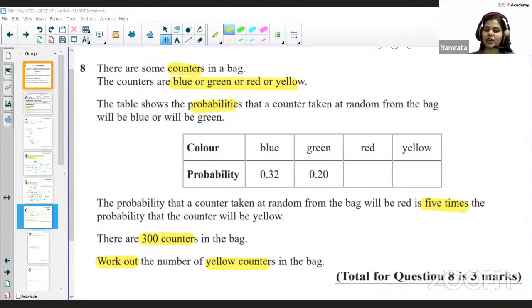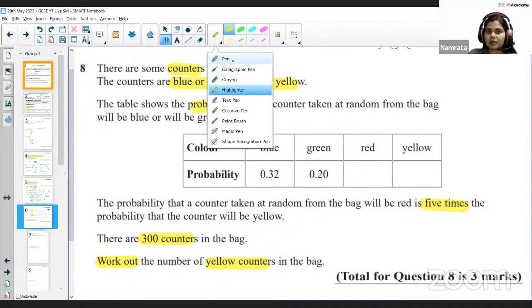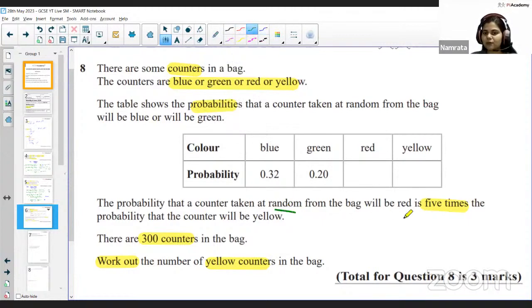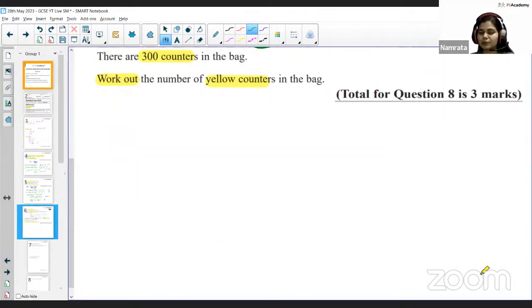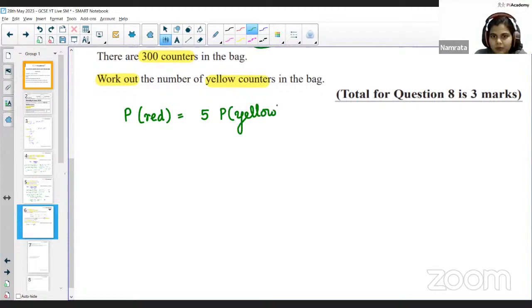Great. So as per the information that has been given to us, the probability that a counter taken at random from the bag will be red is 5 times the probability that the counter will be yellow. So let's form the equation from whatever info has been given to us. The probability of red will be 5 times the probability of yellow.